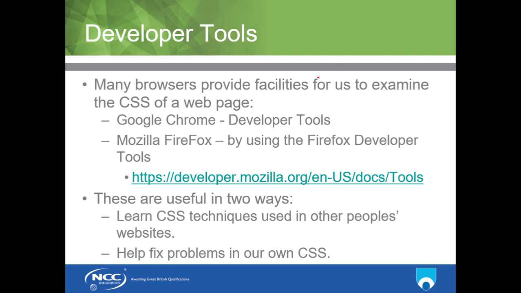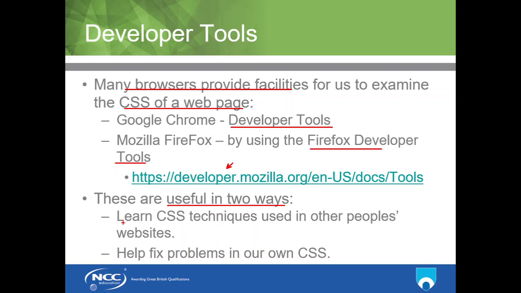Now we have several developer tools. Many browsers provide facilities for us to examine CSS of a web page. That is what I just showed you earlier. So Google Chrome, for example, offers the developer tools. Firefox, Mozilla, you can be able to use Firefox developer tools that are offered on this particular link. Why are these tools important?